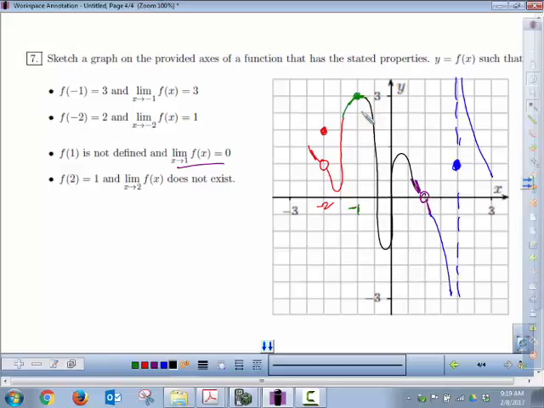Yeah? So just to be clear, only a point can be defined and a limit doesn't exist? That's how you pair them? No. A point can be defined, and the limit might not exist. There could be combinations of these things. I understand that, but can a limit be not defined, or does that just mean it doesn't exist? Some books deal with it differently.